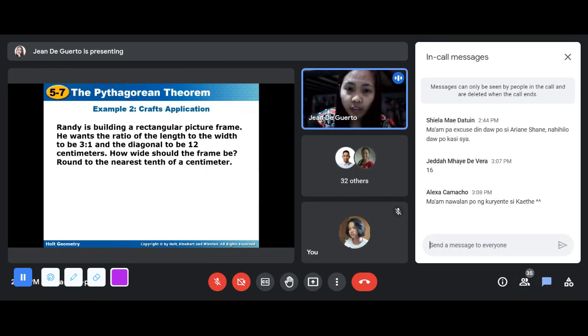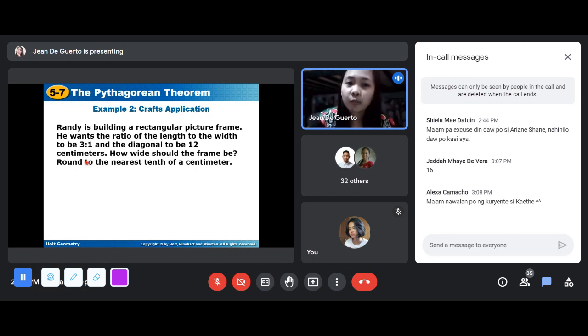So if you are going to have a rectangular picture frame, yung 3, dito sa ratio natin na 3:1, ibig sabihin yung 3, yan yung length natin. Tama? Kasi di ba sa dimension, usually ang longer side is the length. Tapos yung shorter side is usually the width.